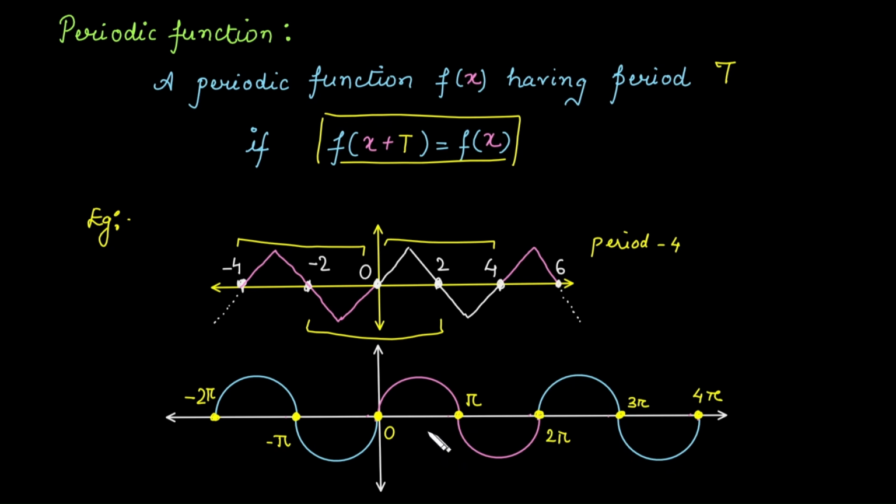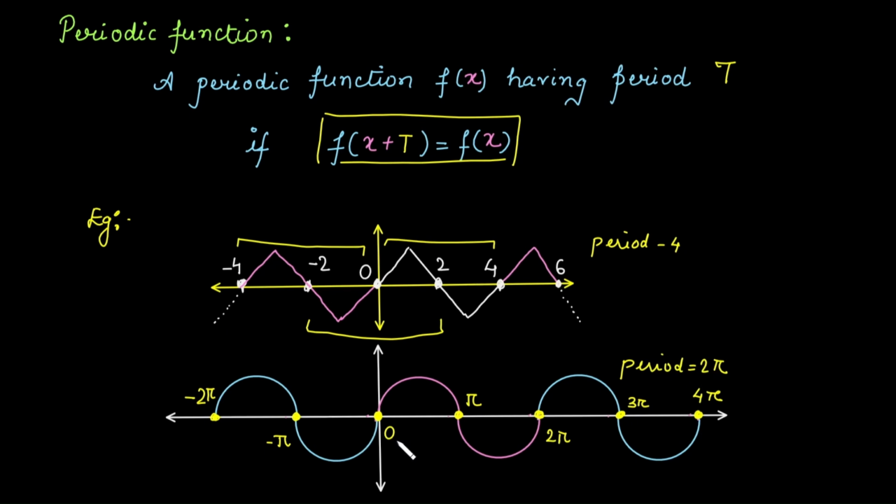The length of this interval is from 0 to 2 pi, so the interval length is 2 pi. After 2 pi it starts repeating. So in this case, whatever the function is, its period is 2 pi. This is how we can predict the period from the graph.